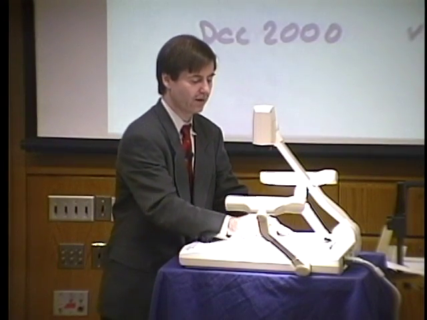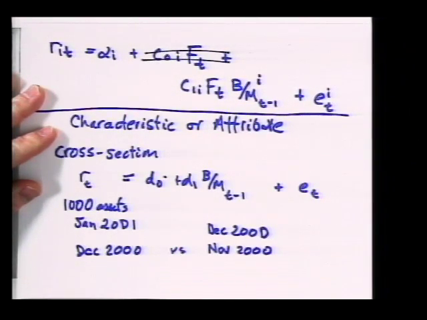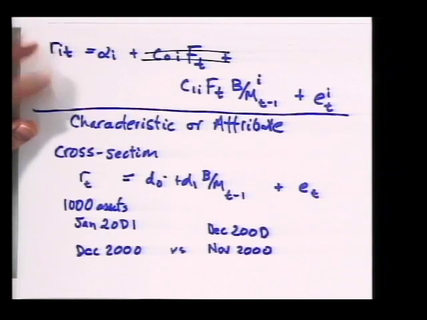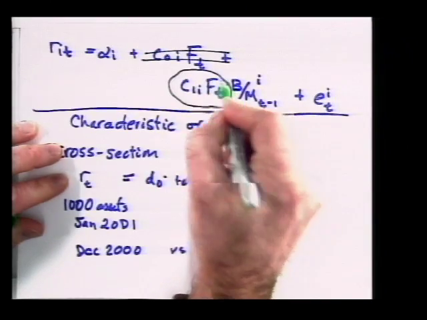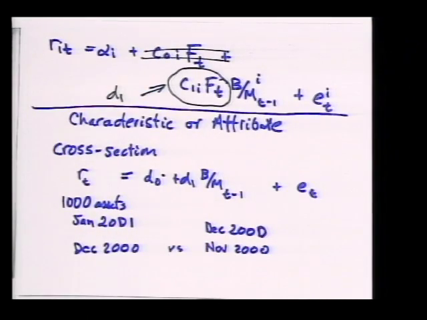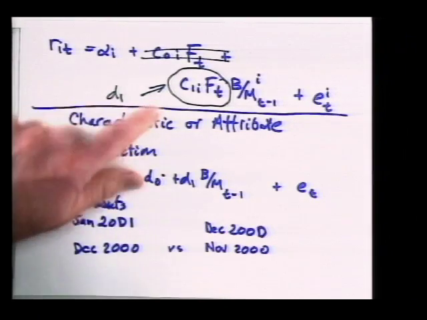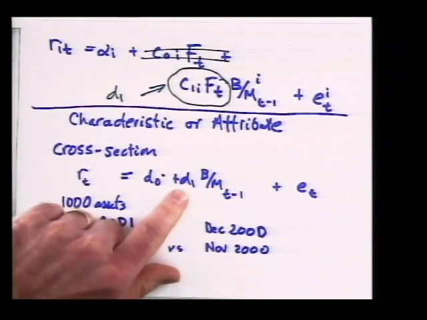If we kind of ignored this part here, this regression looks like this regression, except what I've done is just assume that C1 equals D1. This is telling me why the D1 is not stable.